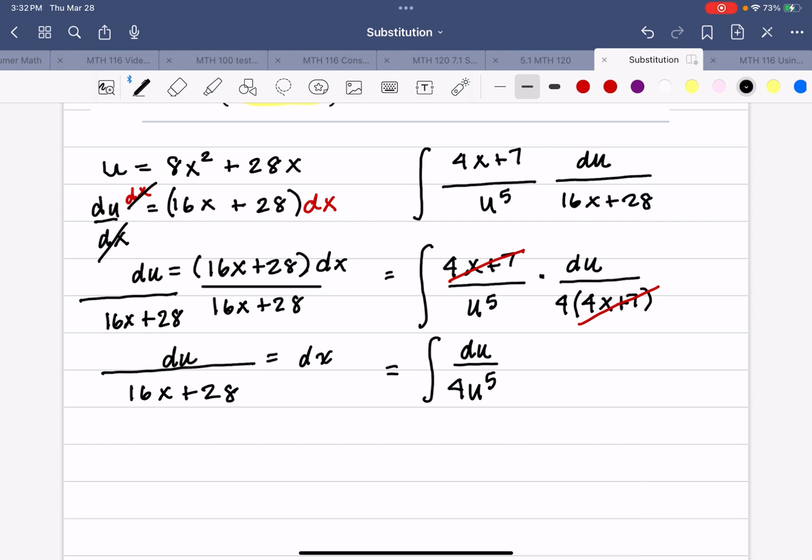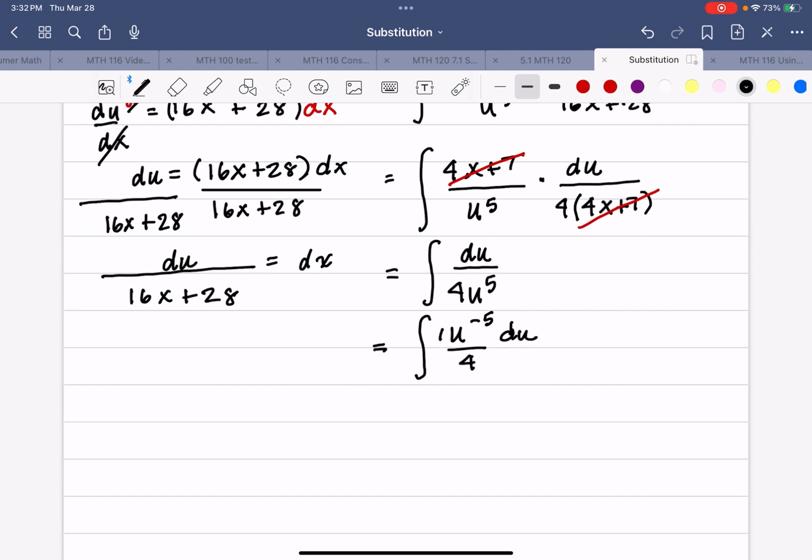I can do the integral now. Now, u to the 5th in the denominator is going to become u to the negative 5 du, and this is over 4. So that really means that I have a 1/4 times the integral of u to the negative 5 du.